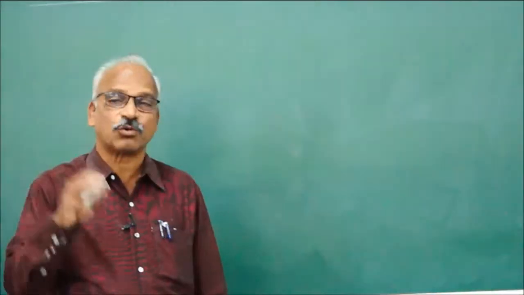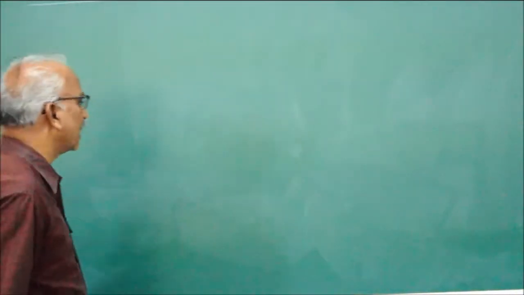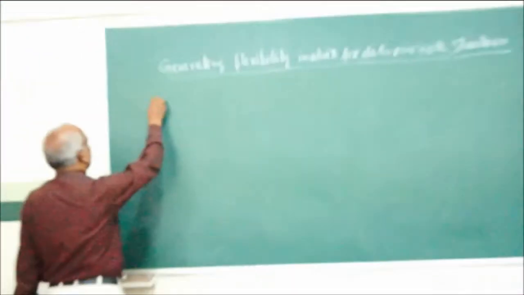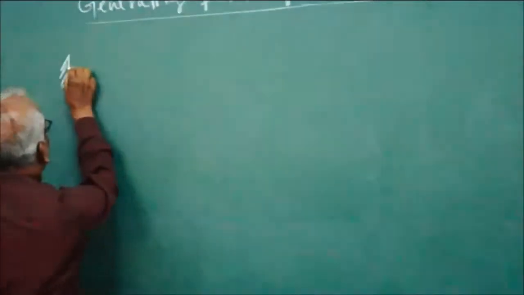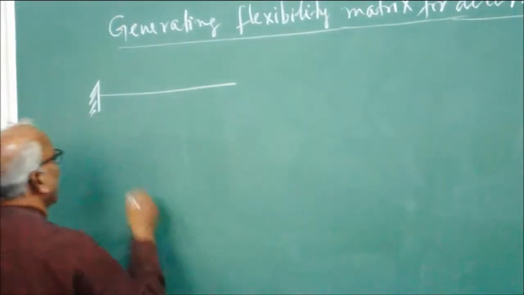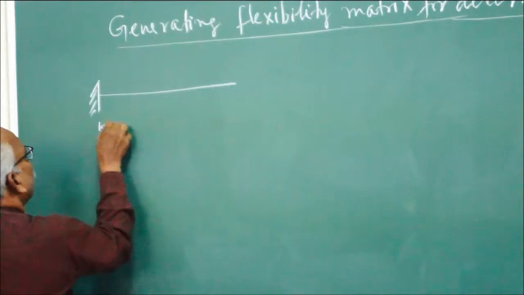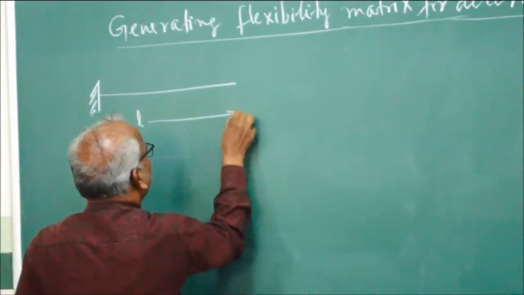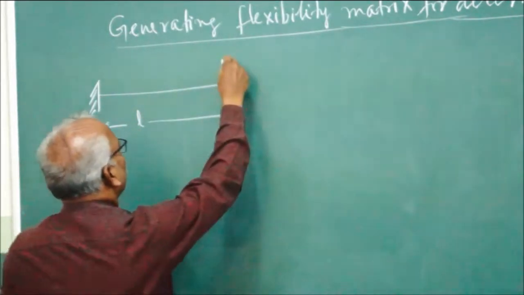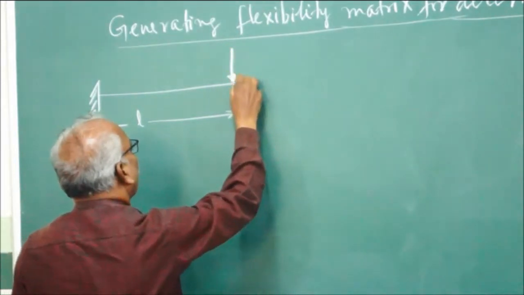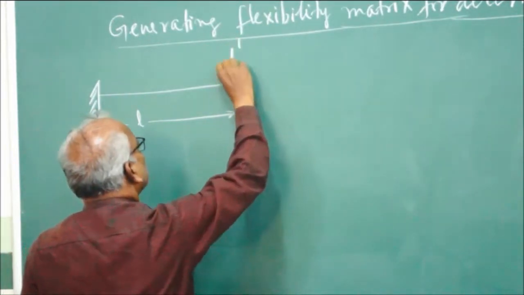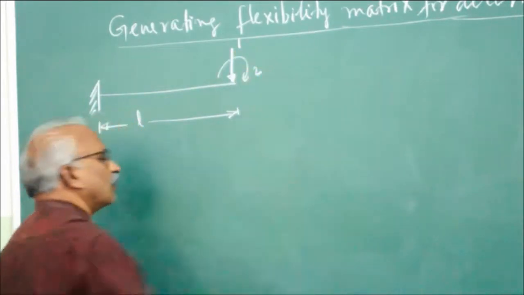And also, what is coordinate? Already we have discussed. Now, let us take a simple example here. Cantilever. We are going to deal with statically determinate structures first. This is the cantilever of span L. Let us choose this as coordinate 1 and this as coordinate 2.